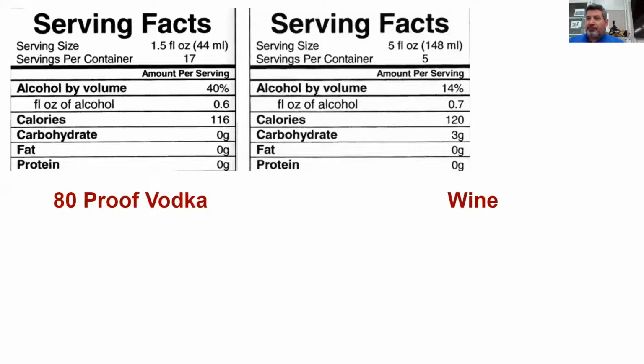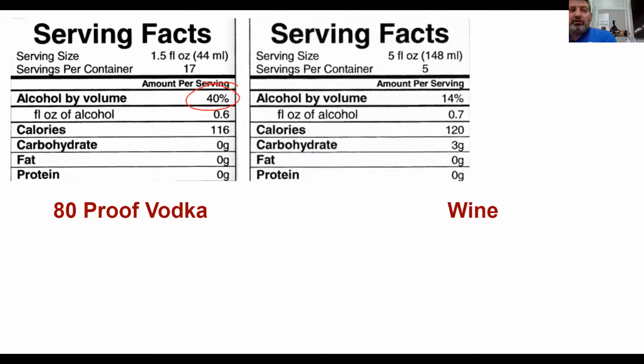Okay, let's look at a couple of food labels here. These are for 80 proof vodka. You'll notice that we measure concentration with most beverages in percent. So we have 40% alcohol in 80 proof vodka, and wine is about 14%. They're pretty close on the calories, but the serving size for wine is bigger.